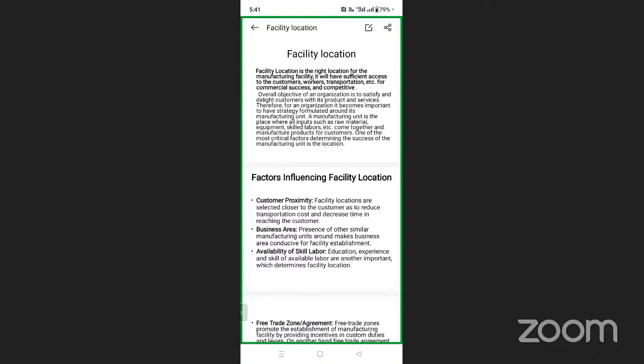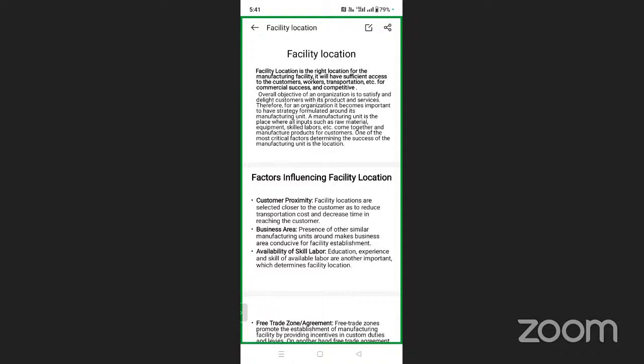Within a very short span, how will the product reach the customers? That is called customer proximity. Wherever the organization will be established, your company will first concentrate on customer proximity. Otherwise, your customers will not get that product very easily. The product will not reach in time. Yes or no?